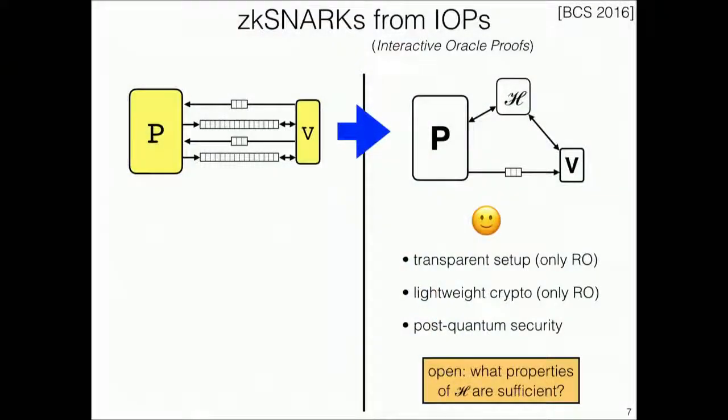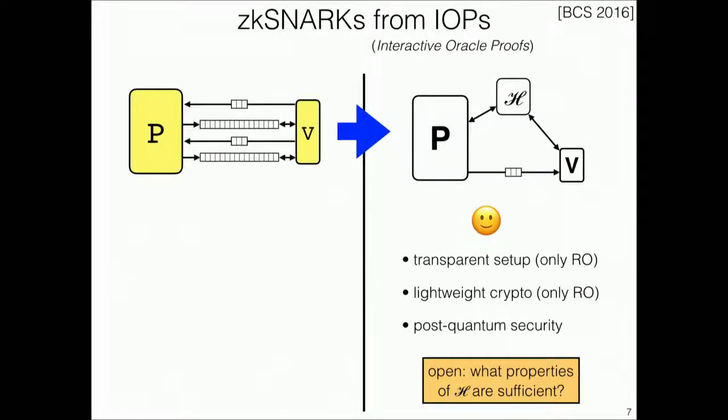A few years ago, in a paper with Ailey and Nicholas Spooner, we proposed an alternative approach, which is to consider an extended notion of PCPs, which we call interactive oracle proofs. It's some sort of multi-round analog of these probabilistically checkable proofs.